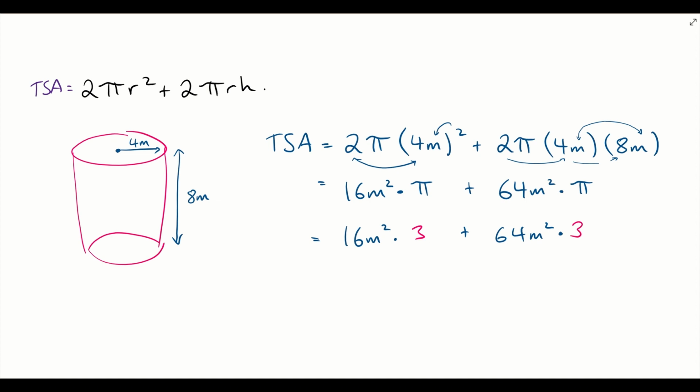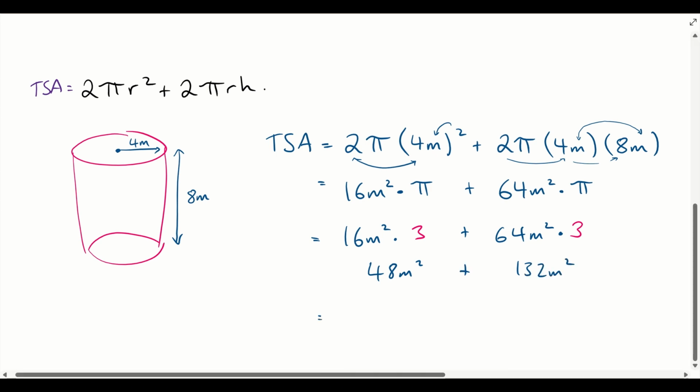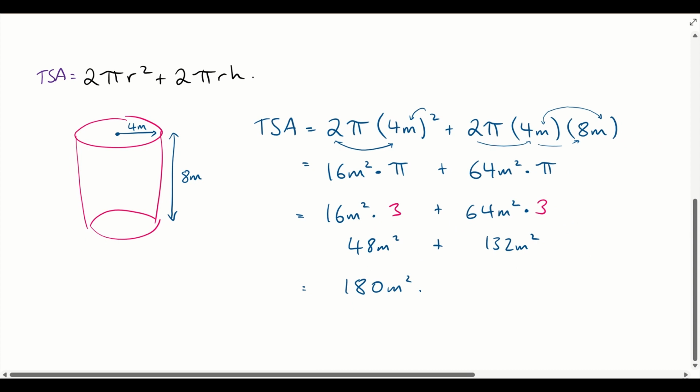Then 16 times 3 is 48, so we'd get 48 meters squared here, and 64 times by 3 would be 192 meters squared here. And 48 meters squared plus 192 meters squared, that is 240 meters squared. So we have 240 square meters of total surface area on this cylinder.